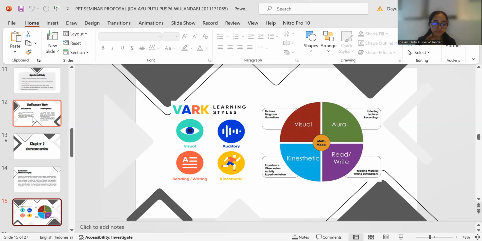And the last one is kinesthetic, or kinesthesia. These people like touching something, feeling the things around them, and they really love experience, observation, activities, and also experimentation.